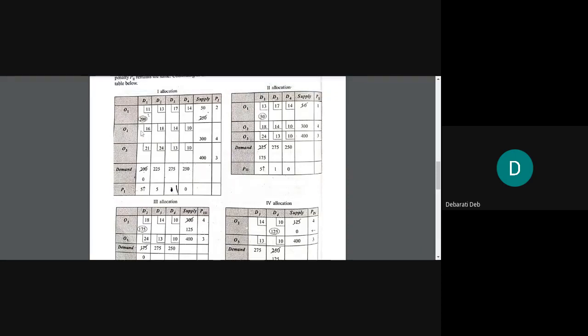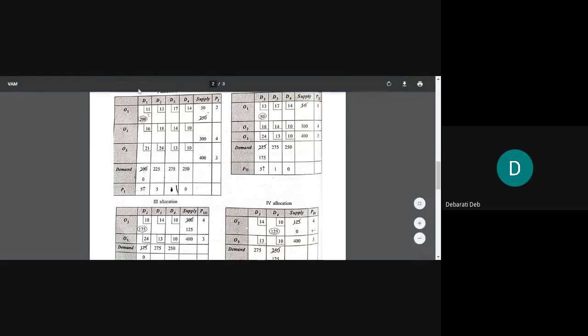Since we are exhausting the first column's entire demand, we will omit this column in our second allocation.